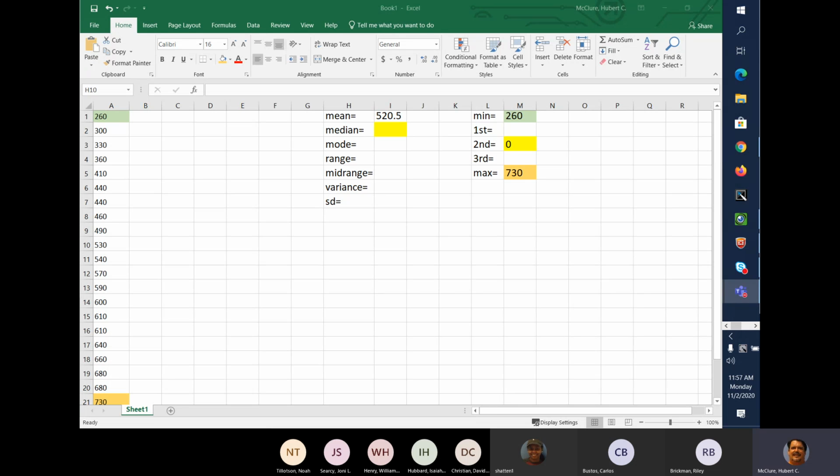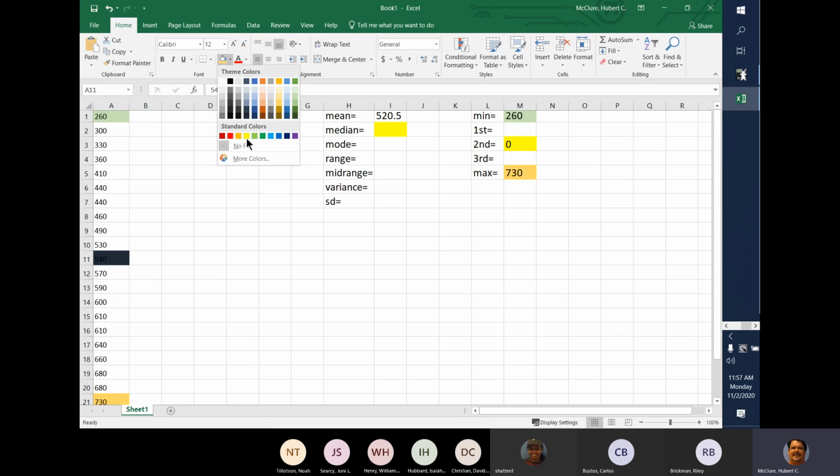The mean. Well, we got 21, right? 21 is odd. So I've just got to find that 11th number. The middle. 1, 2, 3, 4, 5, 6, 7, 8, 9, 10, 11. Now, why did I just pick 11? Why didn't I calculate anything?